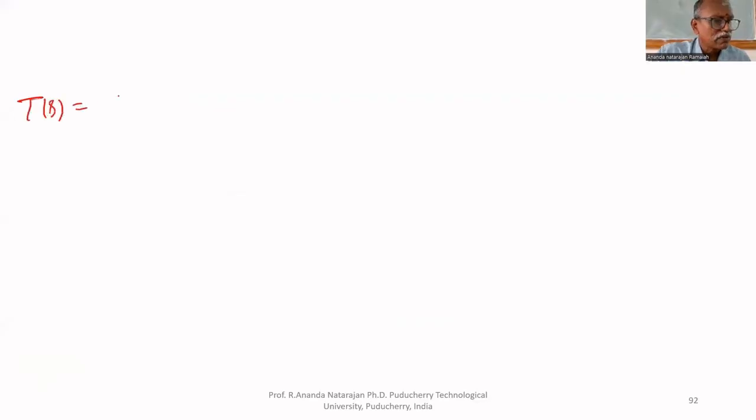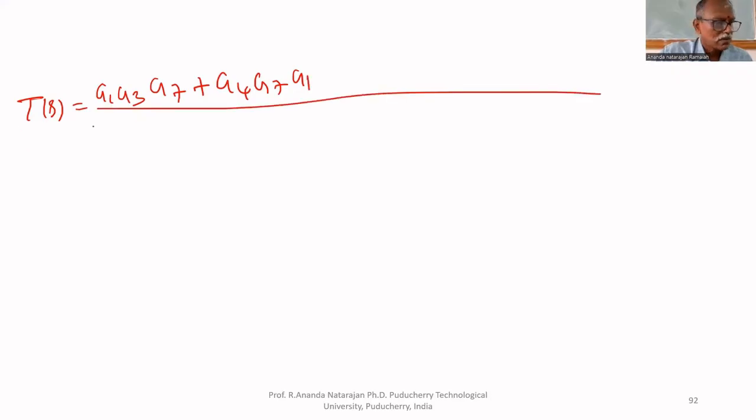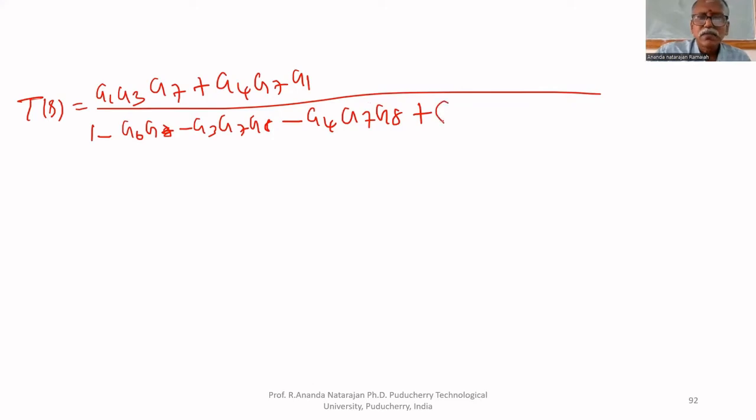P of S equal to, the numerator is G1, G3, G7 plus G4, G7, G1, whole divided by 1 minus G6, G7 minus G3, G7, G8 minus G4, G7, G8 plus G1.